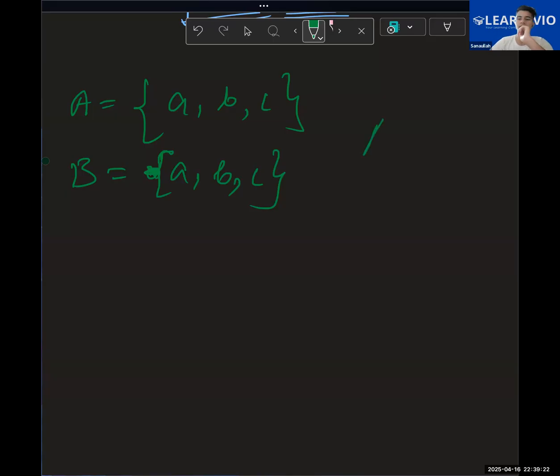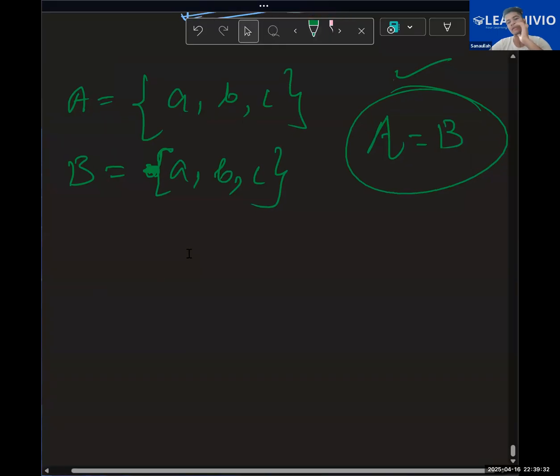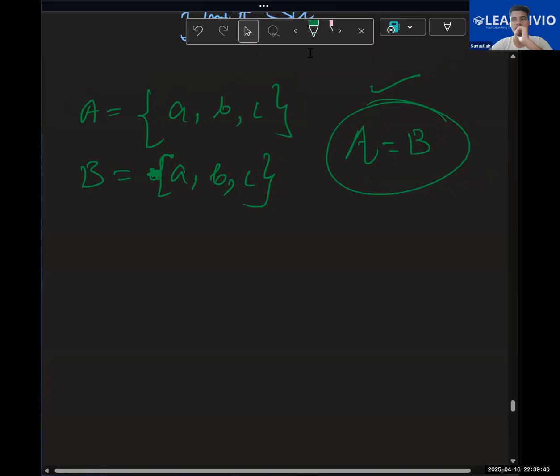That A is equal to B. I can say this, right? Yes, sir. When I have the same elements, then I can say this.